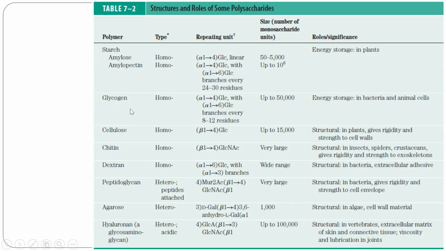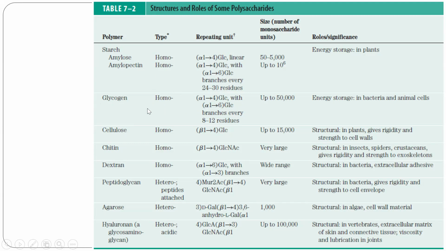Another kind is glycogen. It's a polysaccharide again. You utilize glucose. It's similar to amylose and amylopectin. You utilize the alpha-1,4 glycosidic bond. And the branching is similar to amylopectin, occurring with the alpha-1,6 glycosidic bond.